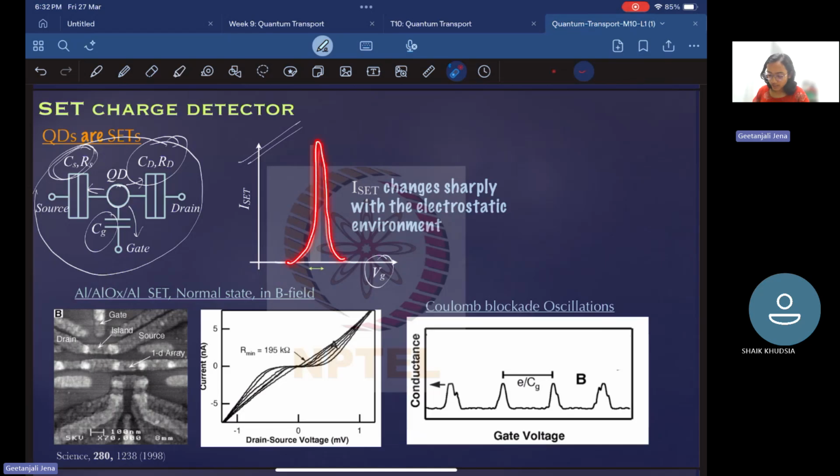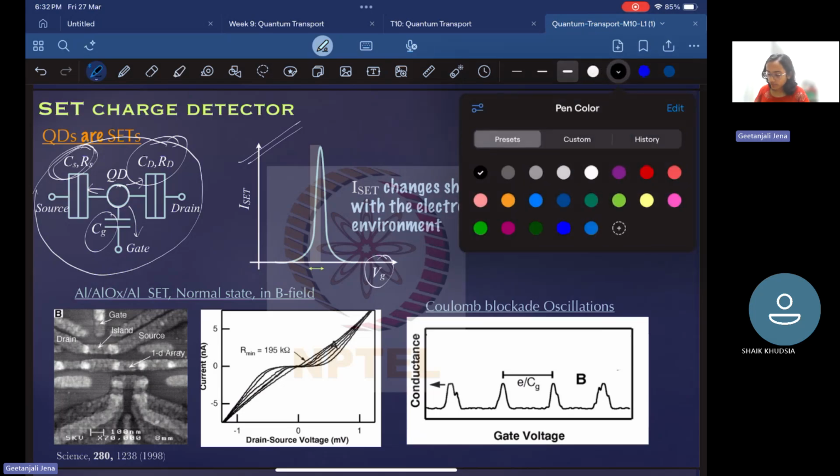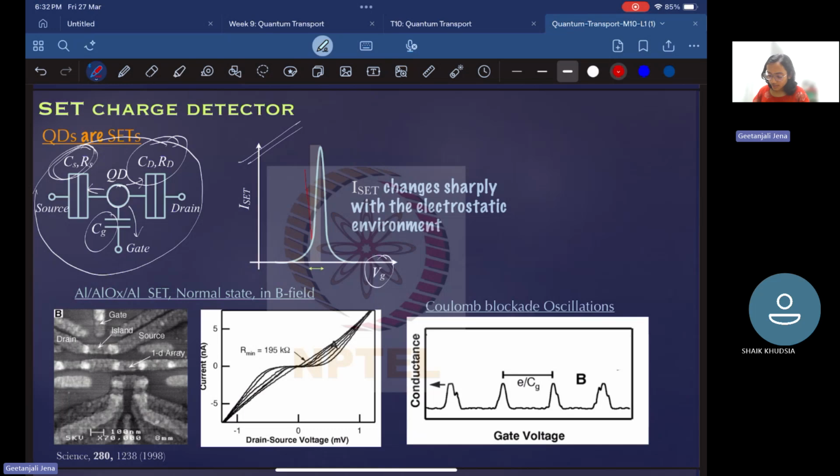Let's say we change the gate voltage by this delta Vg amount, then you can see that the current is changing by a large amount.